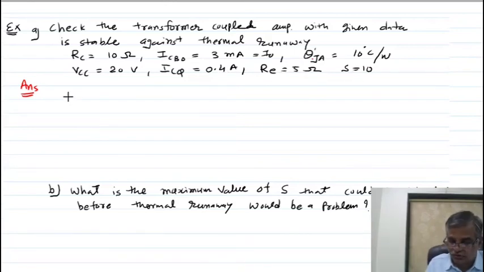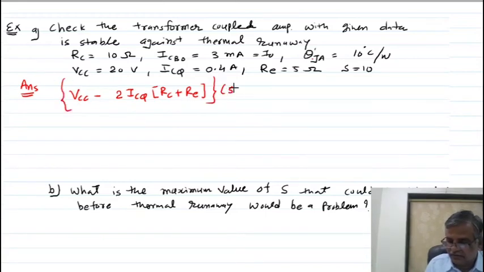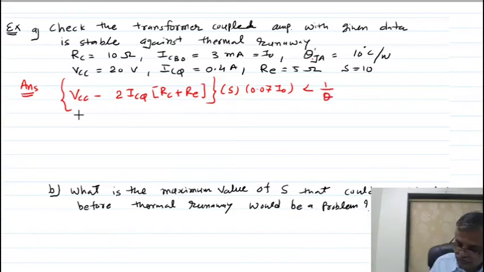Let us check this. To check this, the condition should be satisfied. You know that the circuit is stable only when this condition is satisfied. This is 20 minus 2 into 0.4, this is 10 plus 5, S is 10.07.